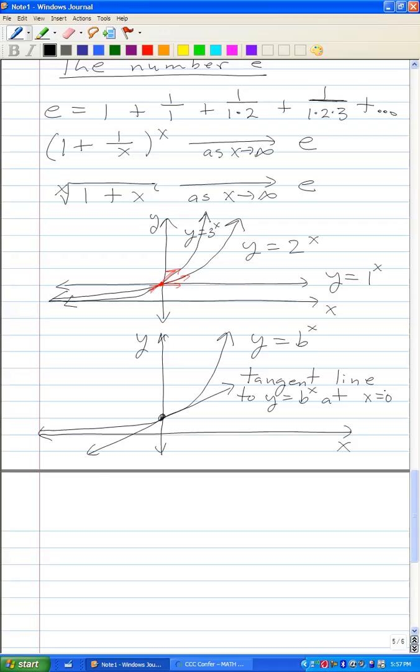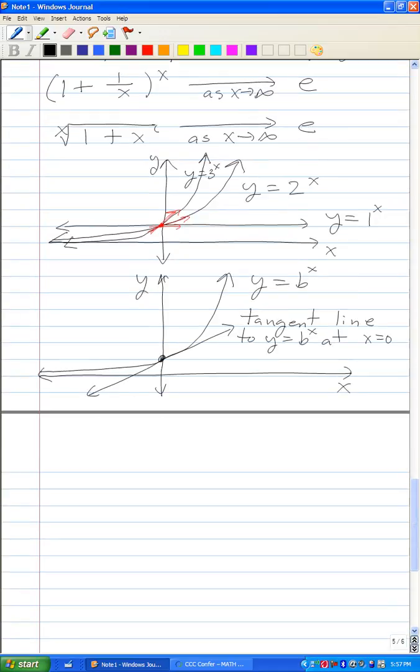So the tangent line is, I can say several ways. It's the best linear approximation to the curve.